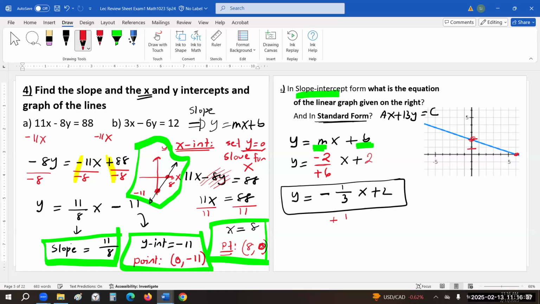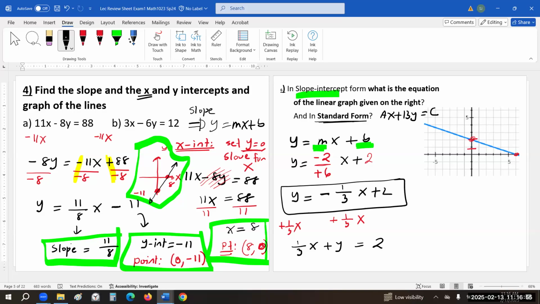So we can add the 1/3 x to both sides. So we get 1/3 x plus y equals 2. So our x is not minus, we are happy.